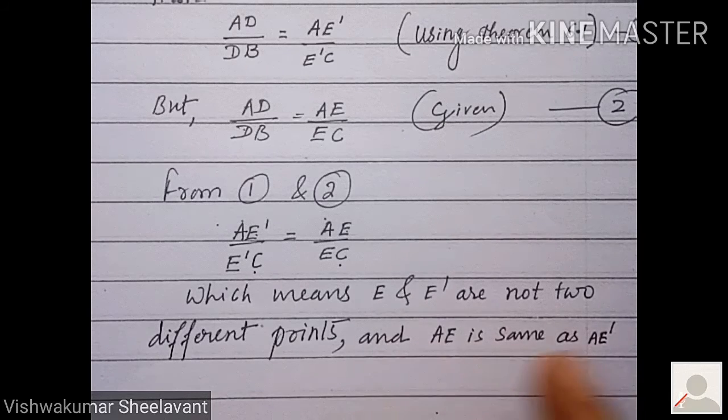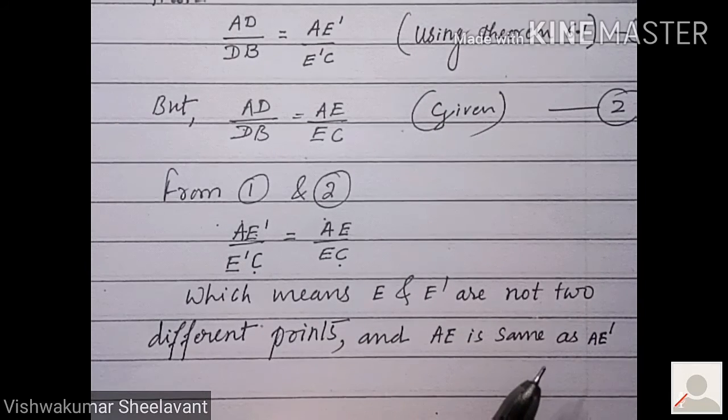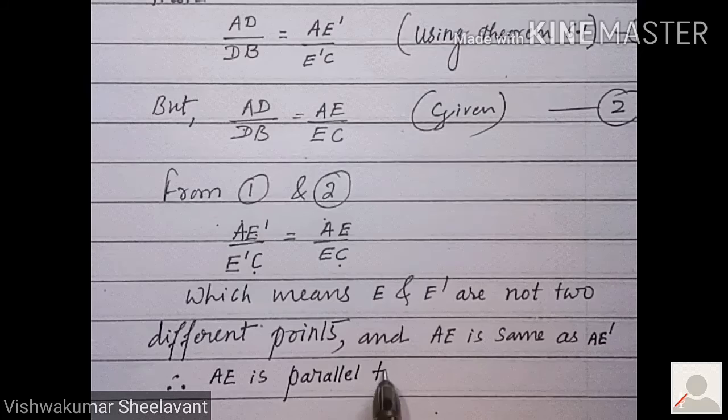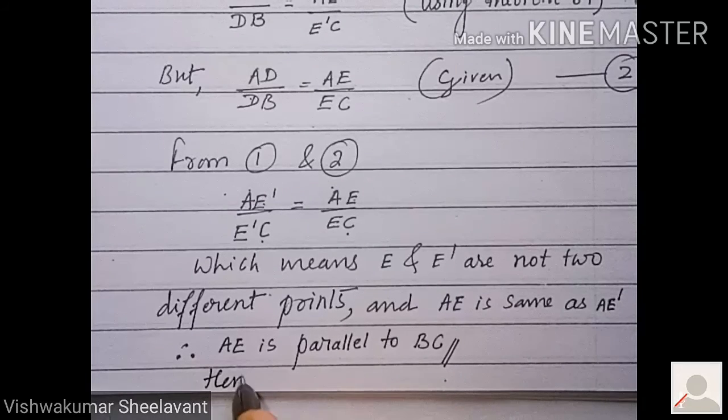That means both are the same line. Okay. Therefore, DE is parallel to BC. Hence proved.